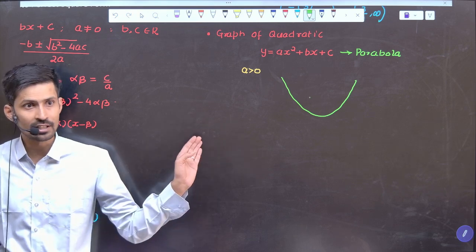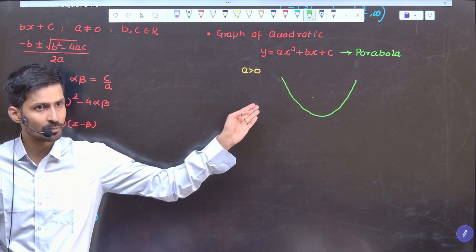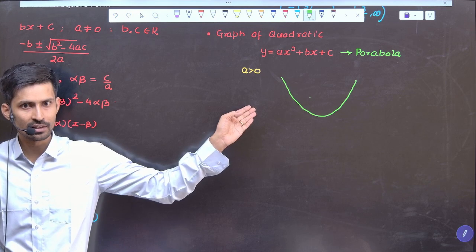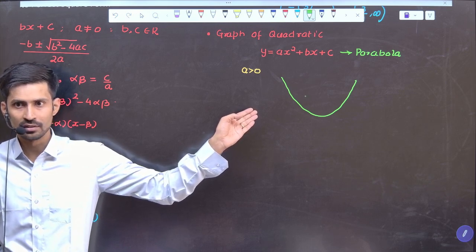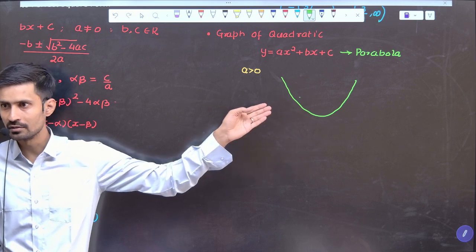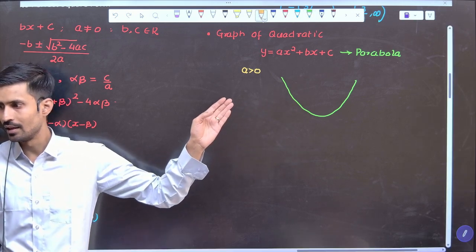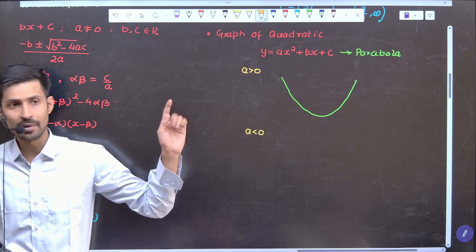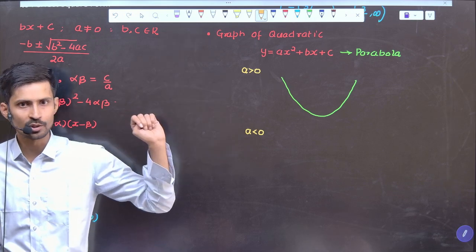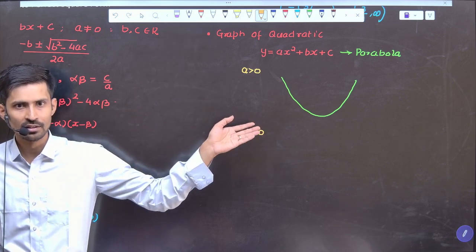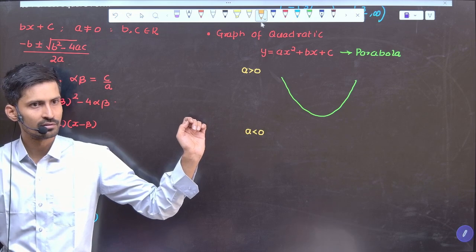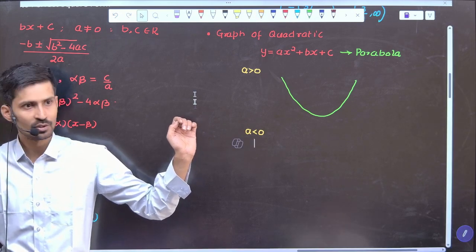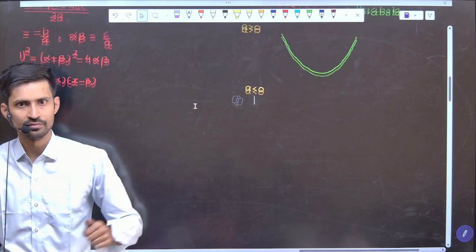And our space researchers use this parabolic path in a very smart way. There is a use of this path, and I will tell you that when we study the parabola, ellipse, hyperbola chapter in coordinate geometry. Now I don't want to reveal the use of this path. There should be something for that chapter also.